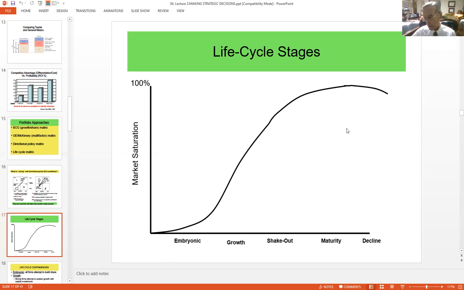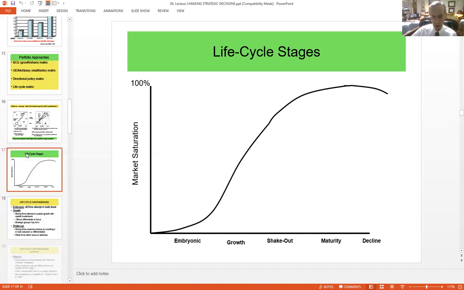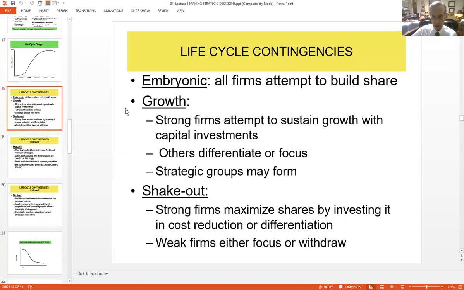We'll try to get into a new industry that is just beginning again. But that is subject for more advanced strategic planning and strategic management. So those are the life cycle stages. And here we can just sort of recap them.